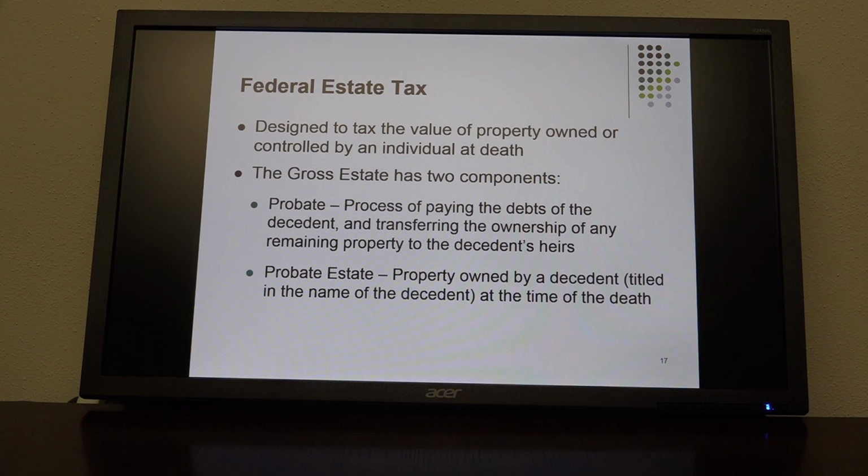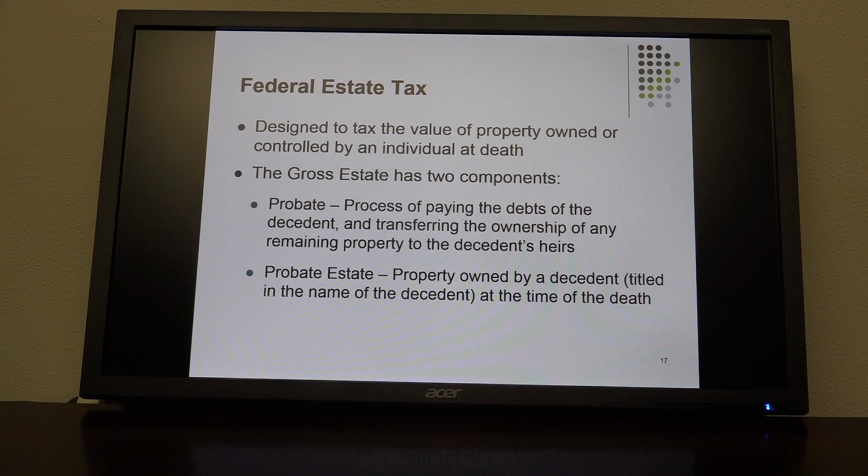But simply, probate is the process of paying the debts of the decedent, the person who has died, and transferring the ownership of any remaining property. It says here to the decedent's heirs. That's not exactly correct, so let me make sure you understand.